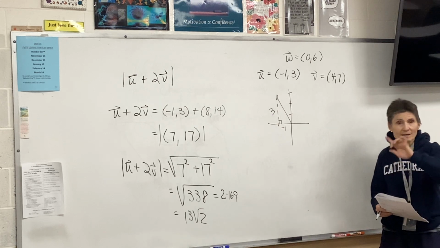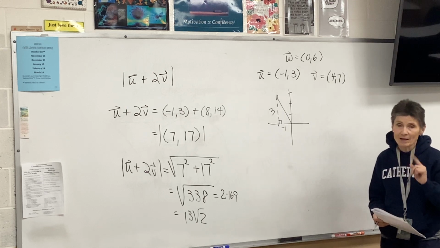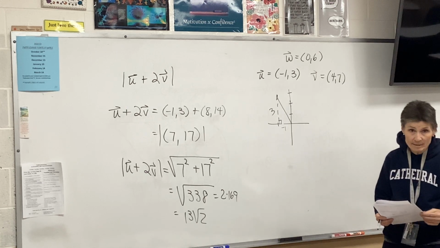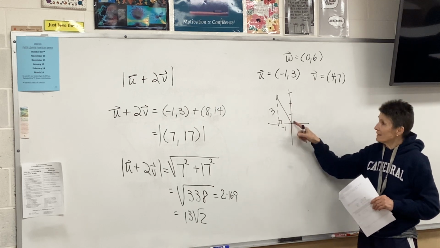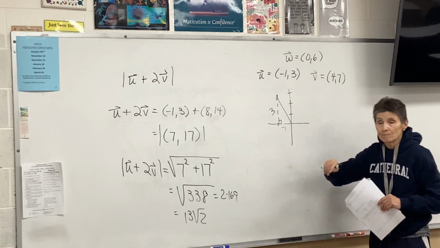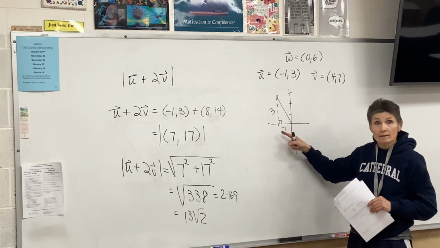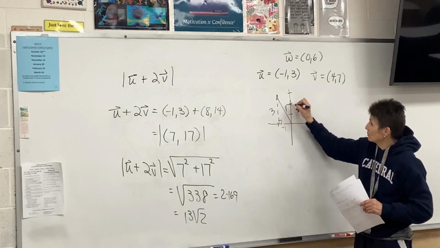It is not a unit vector, because a unit vector has a length of 1, and this is clearly not 1. What is the magnitude of vector U? Well, it's 1 squared plus 3 squared, square rooted, so it's root 10.